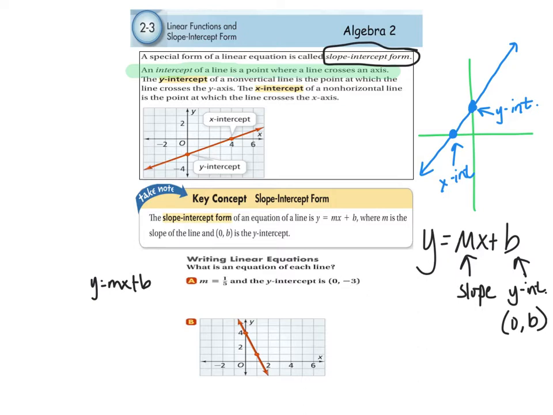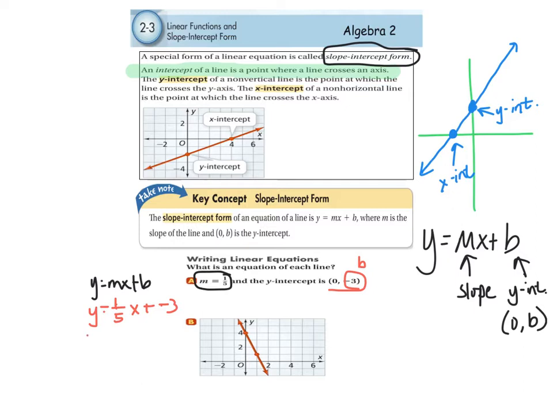So this is your m value. That's going to go in for m. So y equals, instead of m, I'm going to have 1/5 times x plus this value right here, your b value. In this case, it's going to be -3.